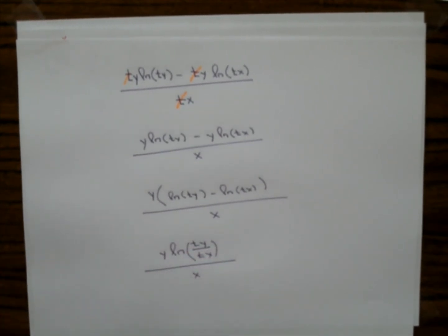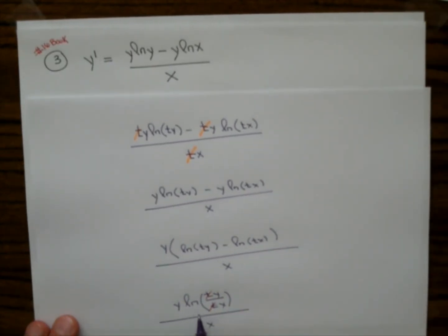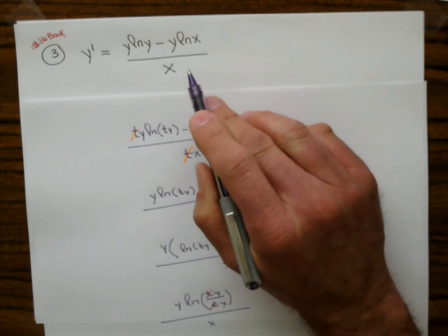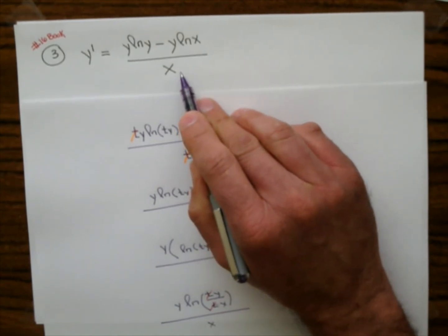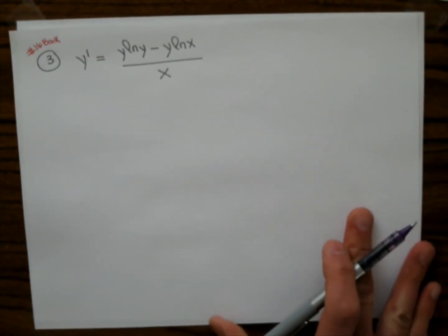The t's do cancel, and I end up getting the same function. Of course, I can undo the quotient rule of logs and get exactly that. So the right-hand side is homogeneous of degree 0, which makes this an Euler-homogeneous differential equation.